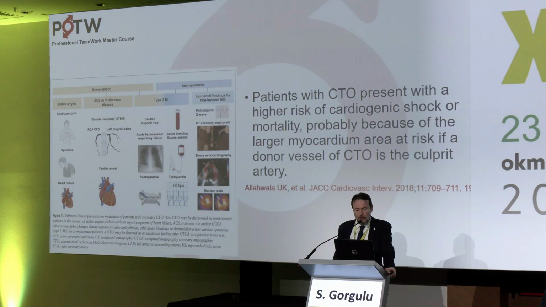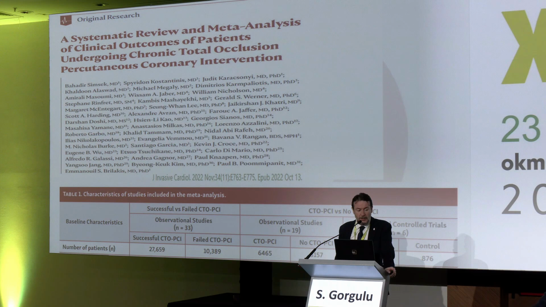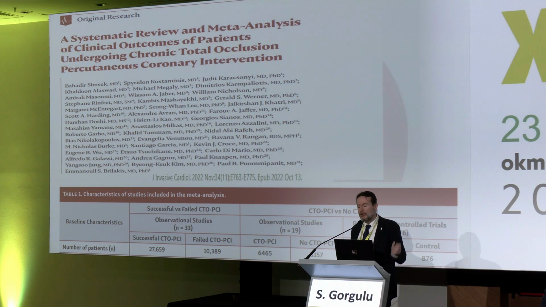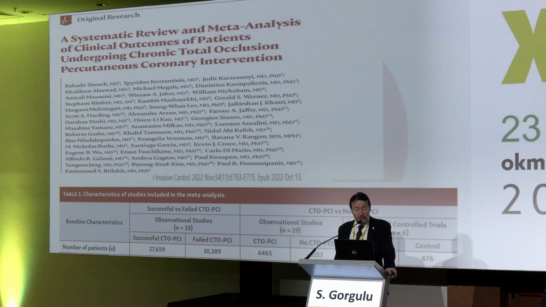So we know what happens when a patient has a CTO and comes with an ST elevation myocardial infarction of the donor artery. We know the prognosis is dismal. So this is not a good thing. And then this is another meta-analysis, a very large meta-analysis, 33 observational studies, successful versus failed CTO PCI. We know that successful CTO PCI has a better MACE rate, a better cardiovascular death rate, and a better mortality rate. We know that already.